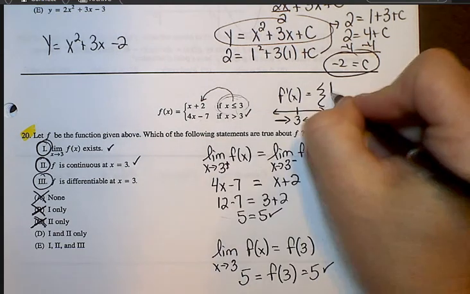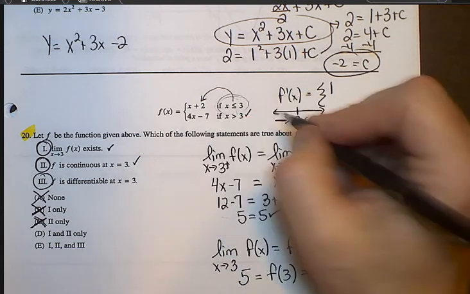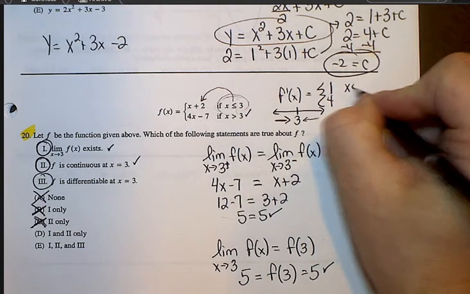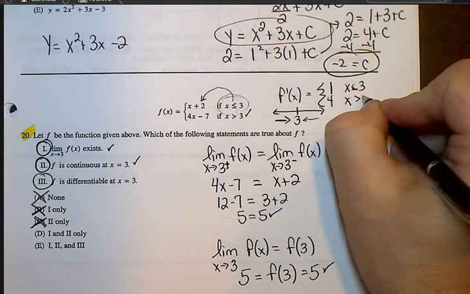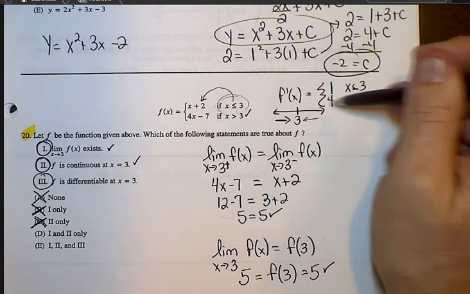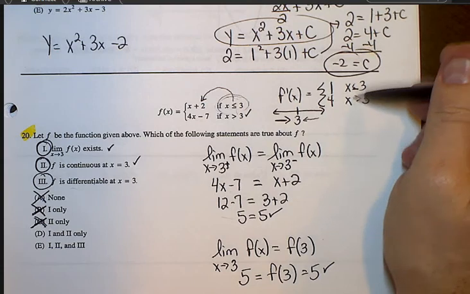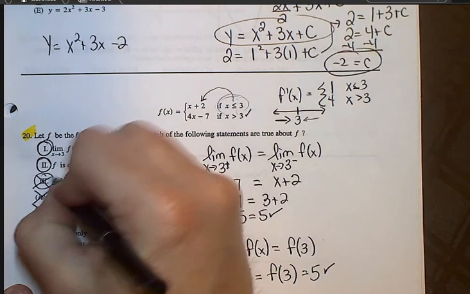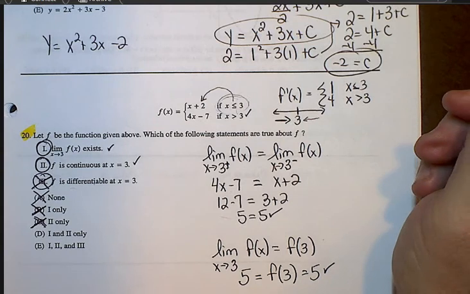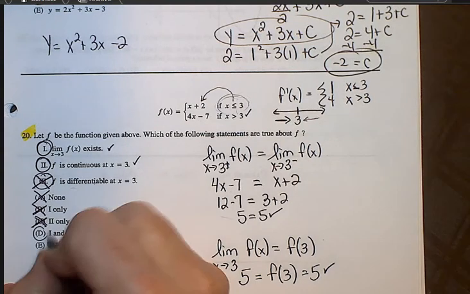When I take the derivative of this function, it's 4. So as we approach 3, looking at the derivative through the eyes of a limit, I don't get the same answers. So it's not differentiable at x equals 3. Therefore, choice D is going to be the answer.